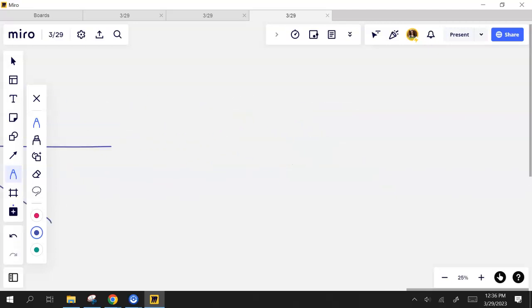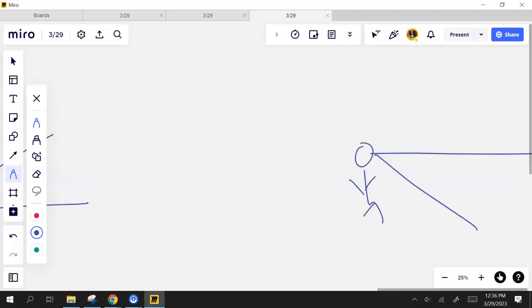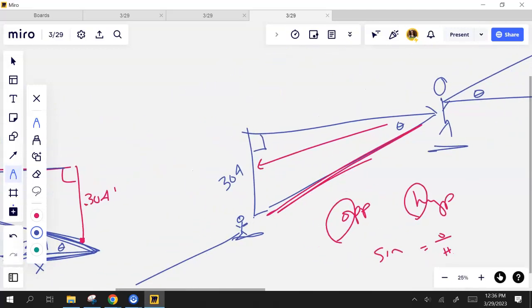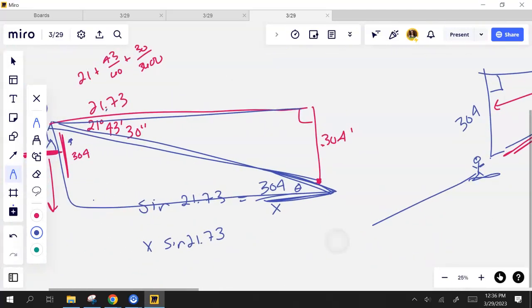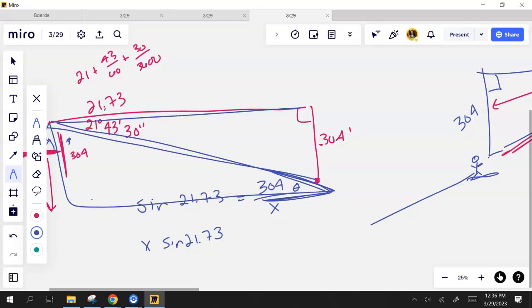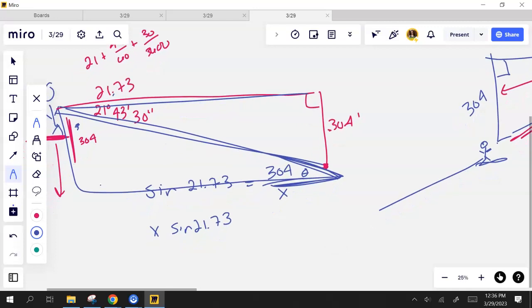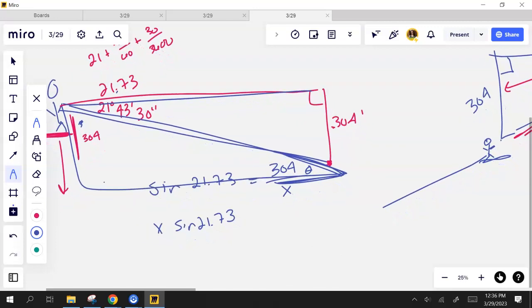All right, 13, a string connecting the corner of a square canopy to a point on the ground. Okay, so think the cup, it's fixing to be the cup, right? Oh, I don't know. I didn't finish. What'd y'all get when you put it on the calculator? So x times sine equals 304.